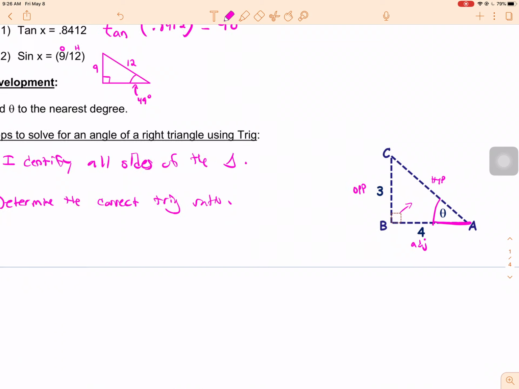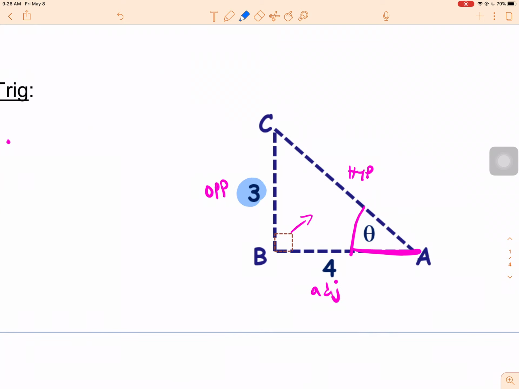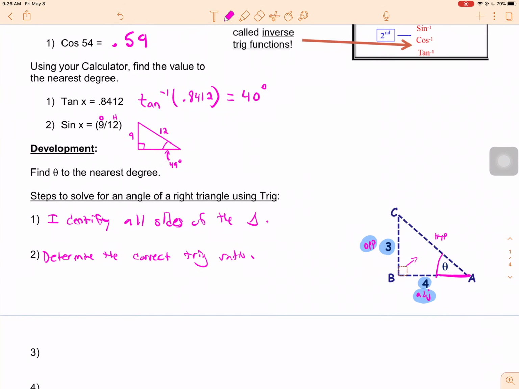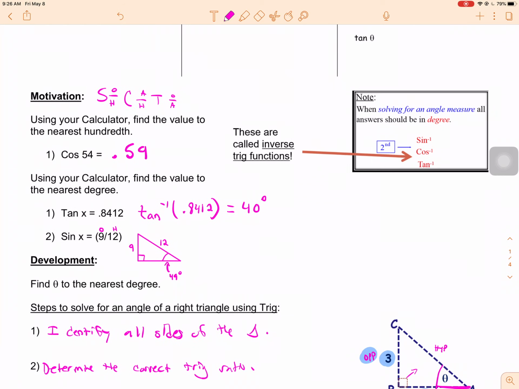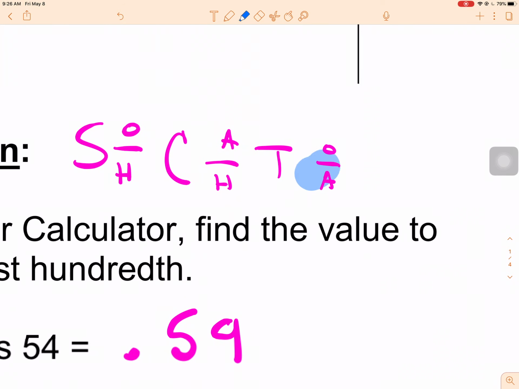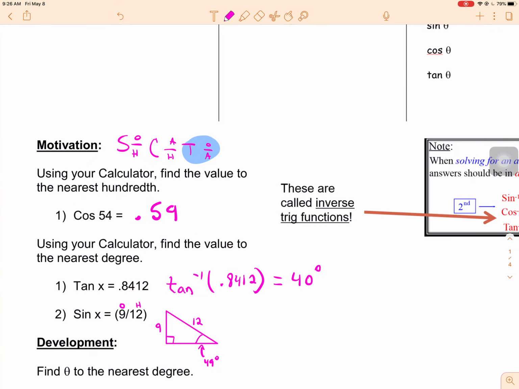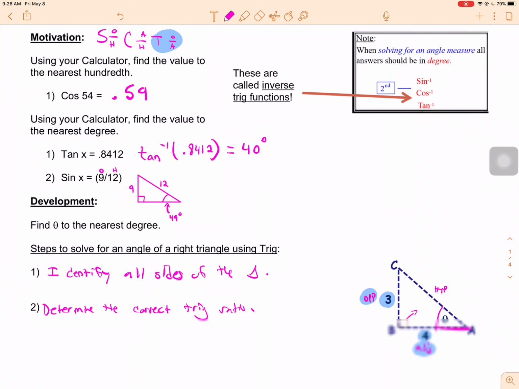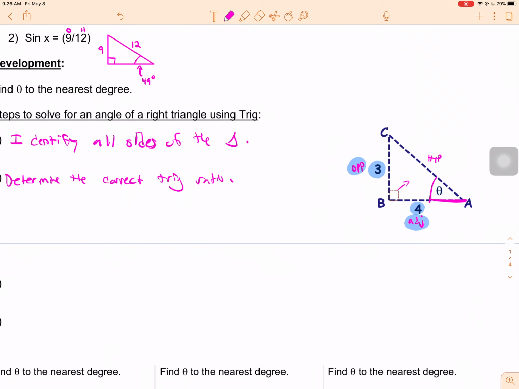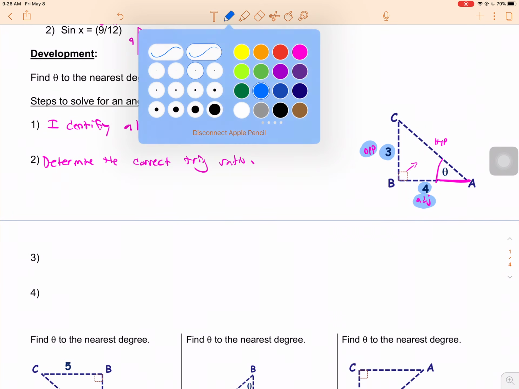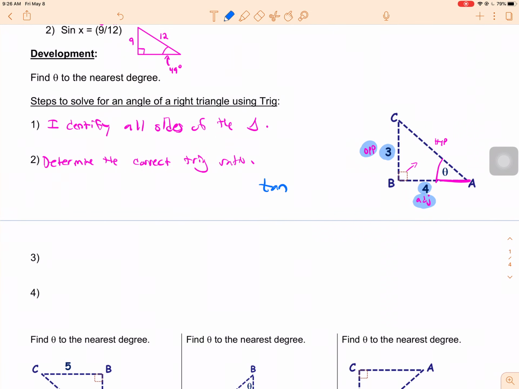So in this problem here, the sides that we're working with are opposite and adjacent. So what is the correct trig ratio for opposite and adjacent? Tan. Okay, so in this problem, tan is the correct ratio. Step 3, substitute values.